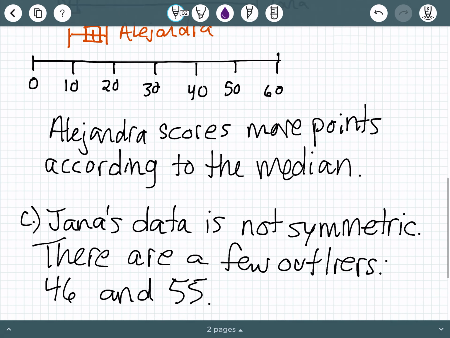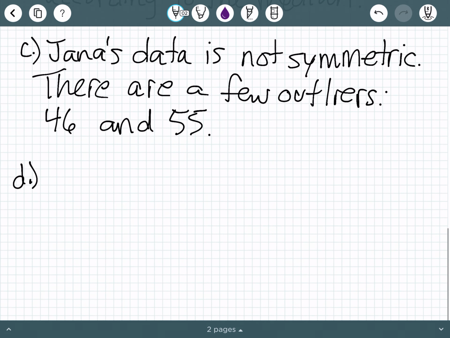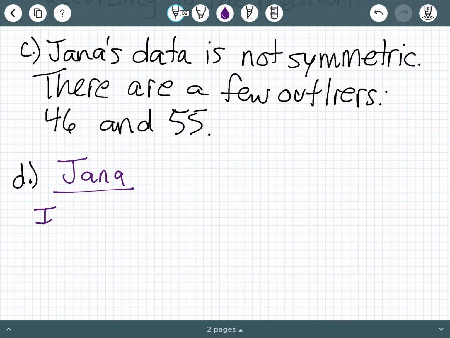So Jana's third was 11. Her first was 7. So for Jana's interquartile range, we're going to do 11 minus 7, which is 4.